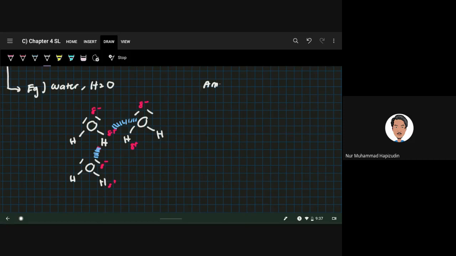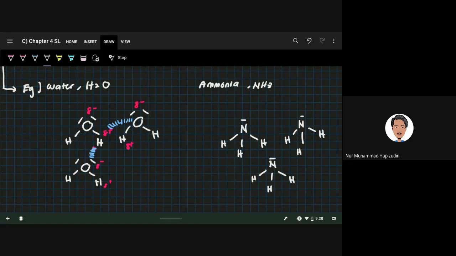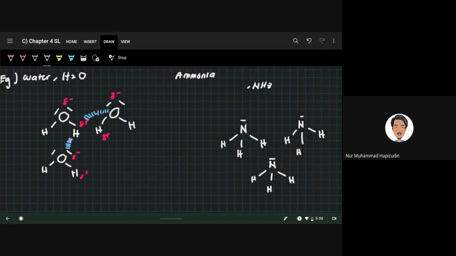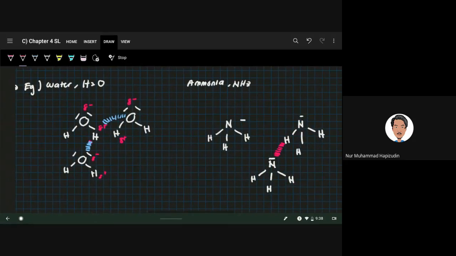Another example, ammonia, NH3. So the nitrogen from another molecule.